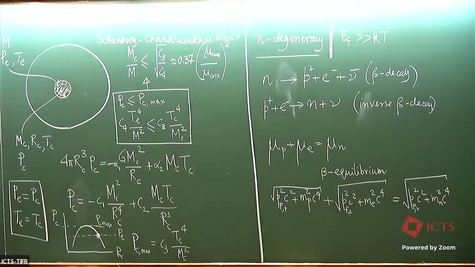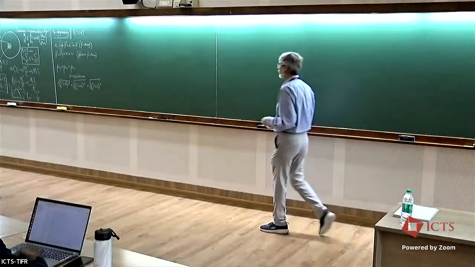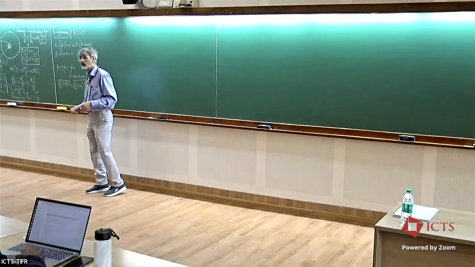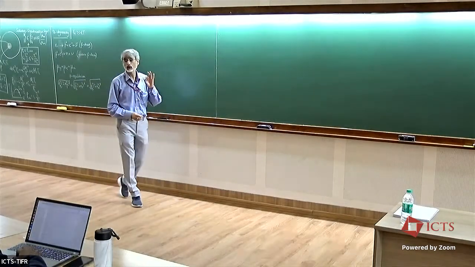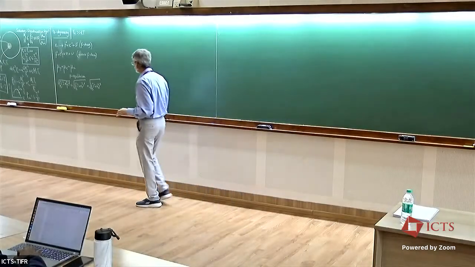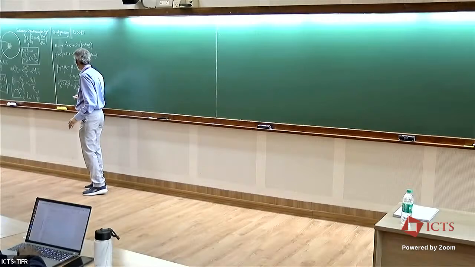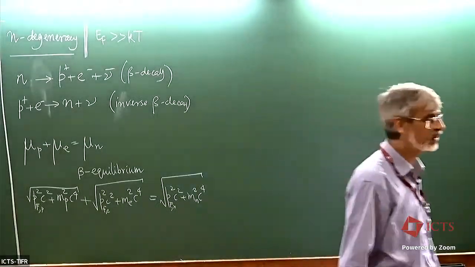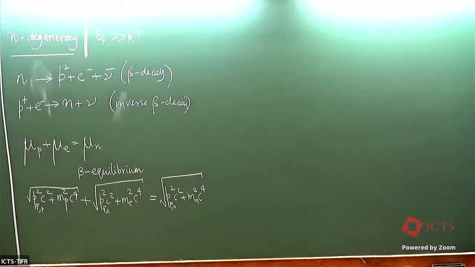You will get different ratios of protons to neutrons depending on what the local density is. And that one can solve for. In fact, this equation can be solved to give you the proton fraction x.